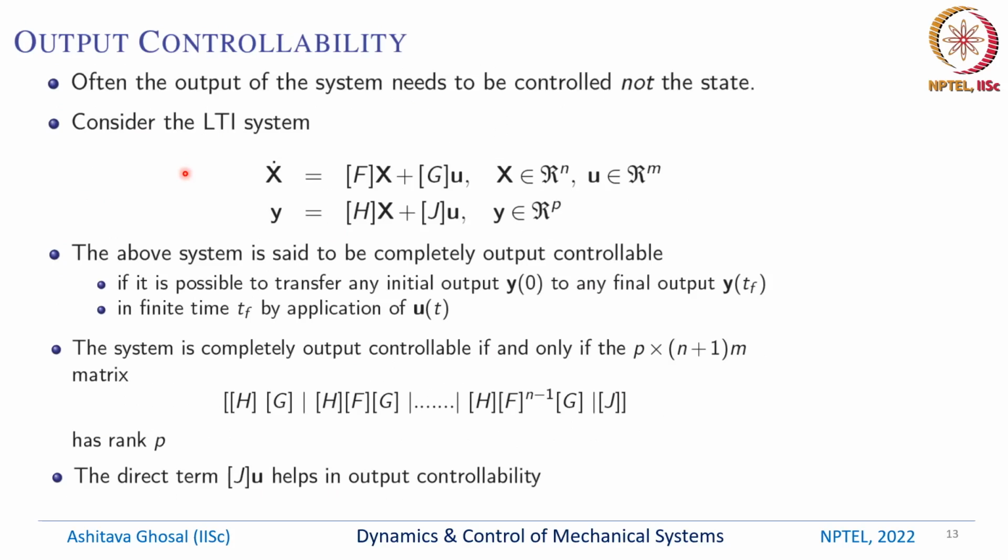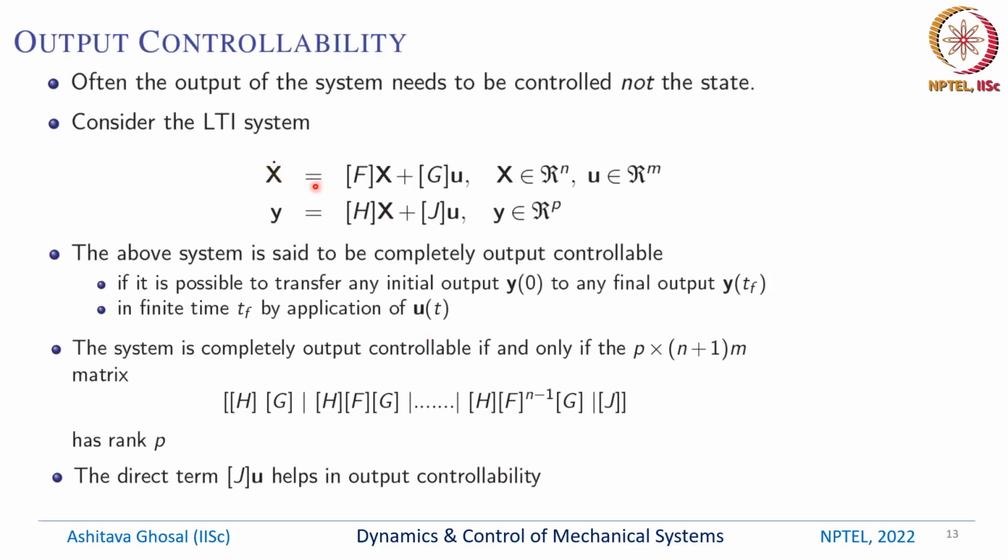There is also something called output controllability. Often the output of the system needs to be controlled, not the state. So if you consider this linear time invariant system x dot equals fx plus gu and y equals hx plus ju, the above system is said to be completely output controllable if it is possible to transfer any initial output y of 0 to a final output y of tf, in finite time, by the application of u of t.